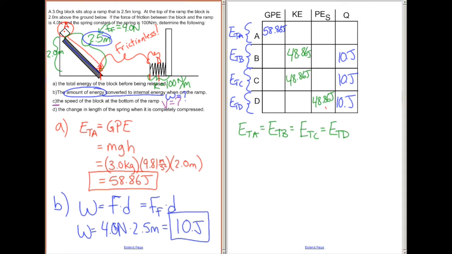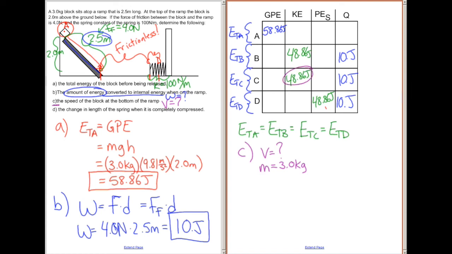Now, question C is really asking us how fast is the block going when it gets to point C? So, I know the kinetic energy, I know the mass, and I'm going to label, as I've done before, my given information and my unknowns. My unknown again was v, my mass was 3.0 kilograms, and I know the kinetic energy at point C is that 48.86 joules.